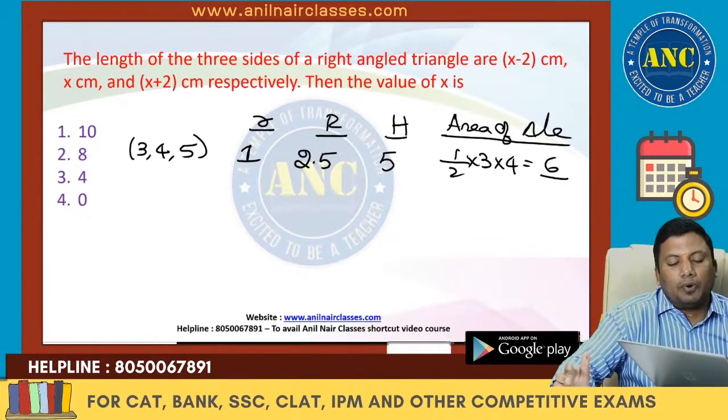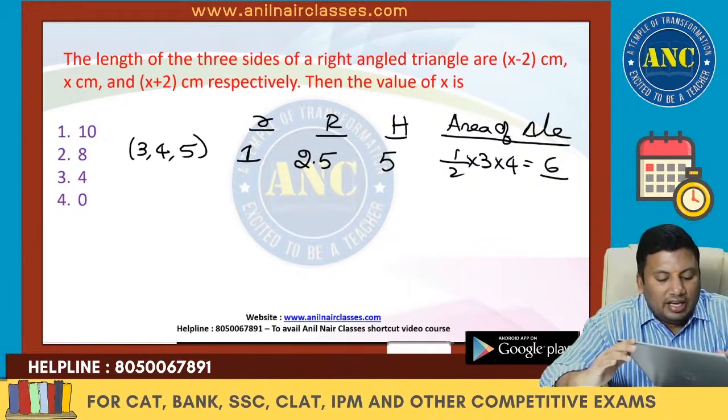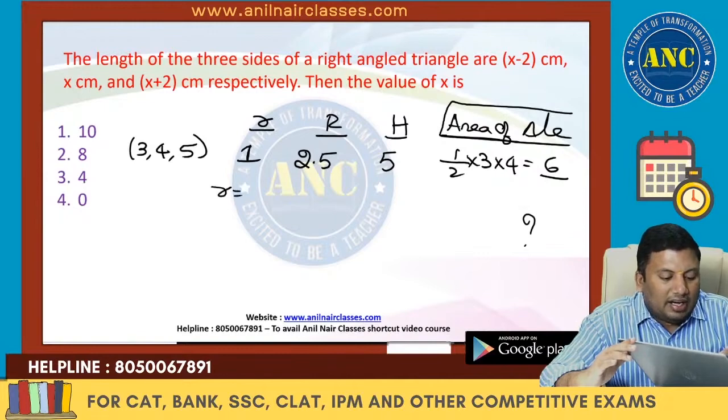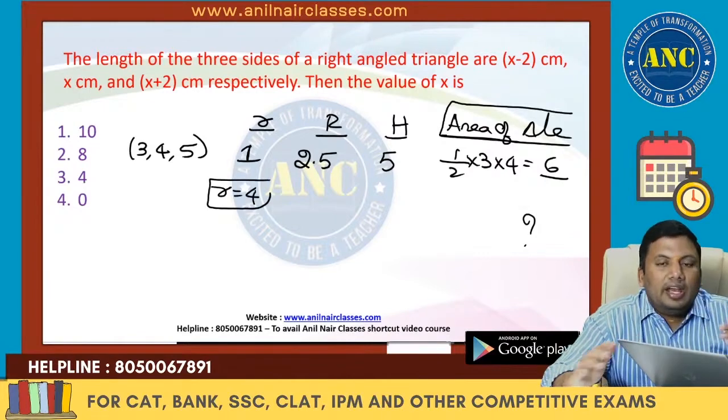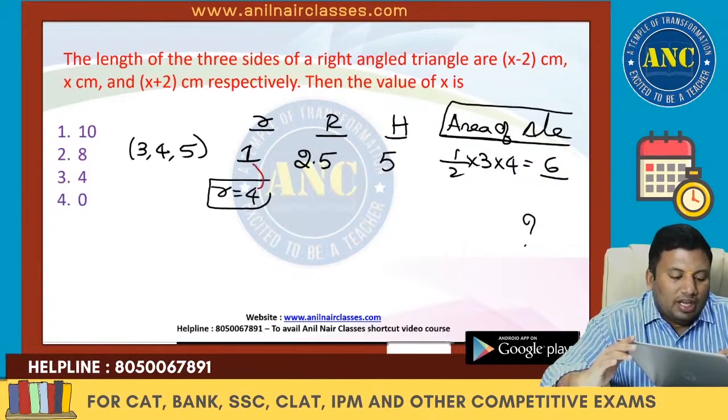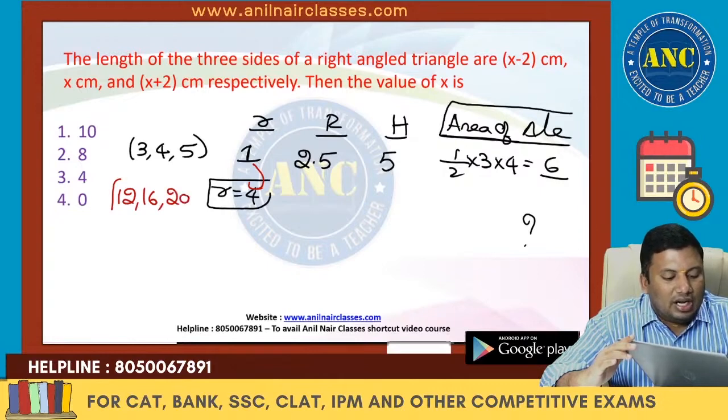Now what is the area of a triangle if only the inradius is given as 4? The sides are multiplied by 4 times, so 3, 4, 5 become 12, 16 and 20.